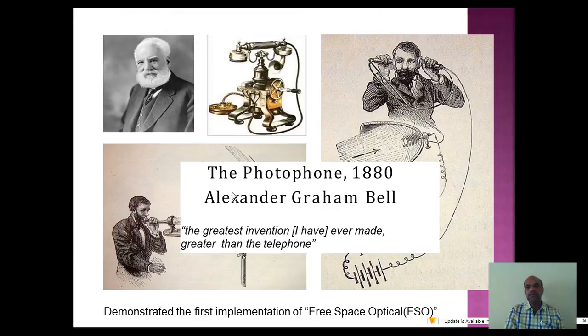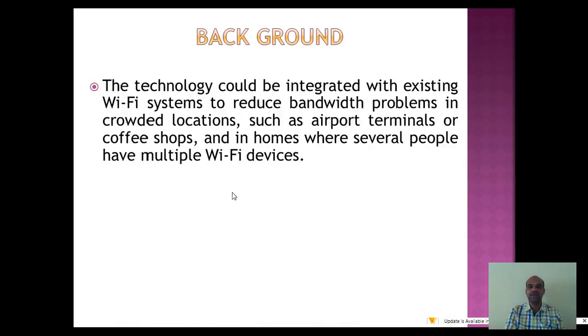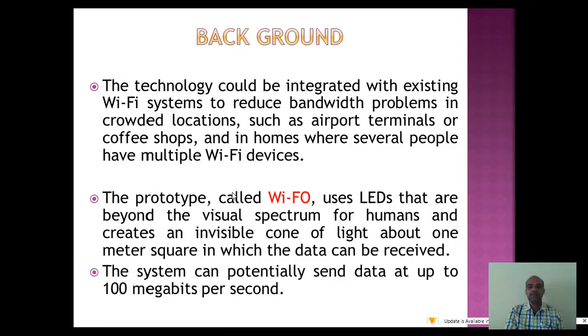The invention was initiated by Alexander Graham Bell with the help of free space optics. This was the first implementation of the photophone in the year 1880. And let us discuss some background issues.